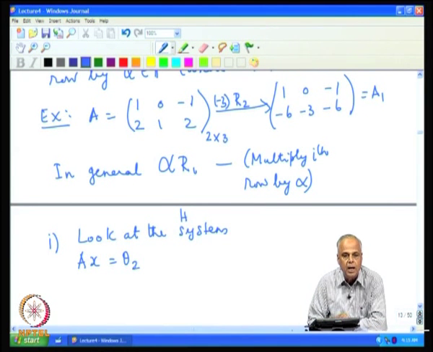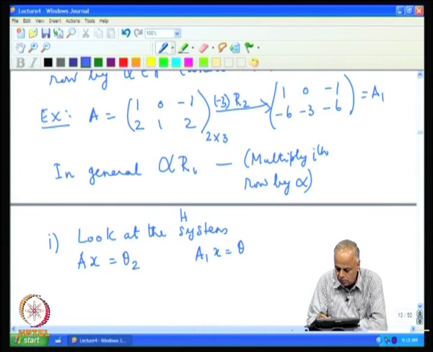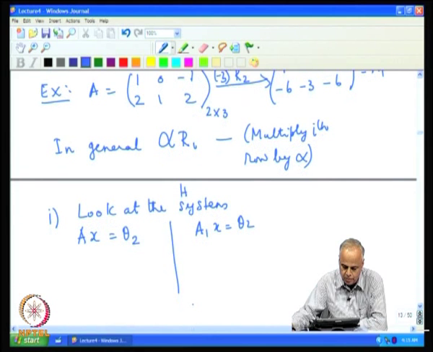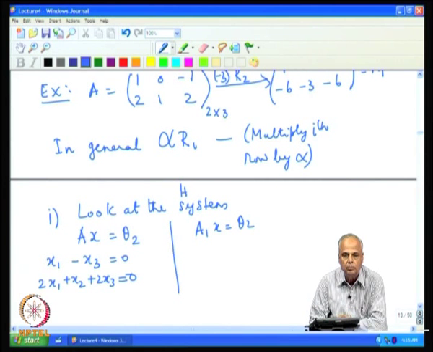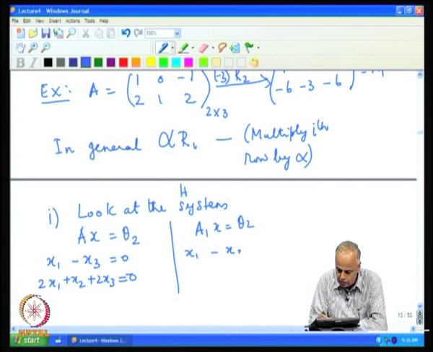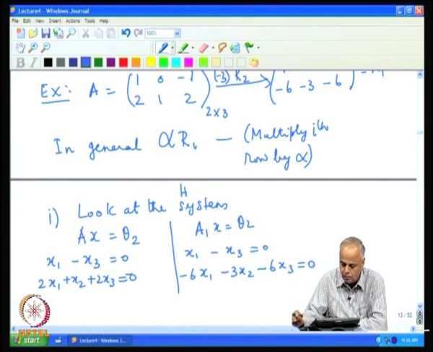So, we have to take theta m, which is theta 2, and A1x equal to theta 2. What are these two systems? The equations here are x1 minus x3 equal to 0, 2x1 plus x2 plus 2x3 equal to 0. The equations here are x1 minus x3 equal to 0, minus 6x1 minus 3x2 minus 6x3 equal to 0.